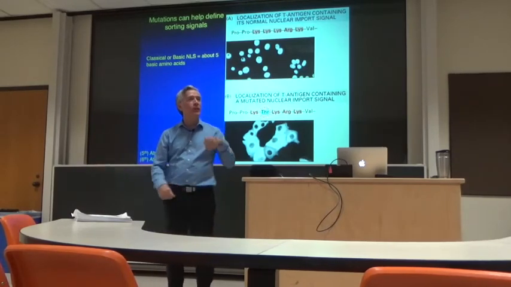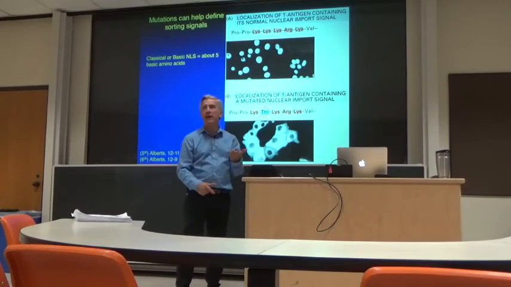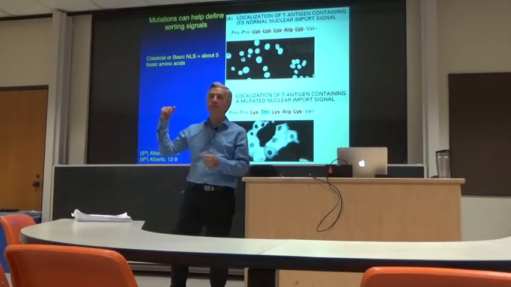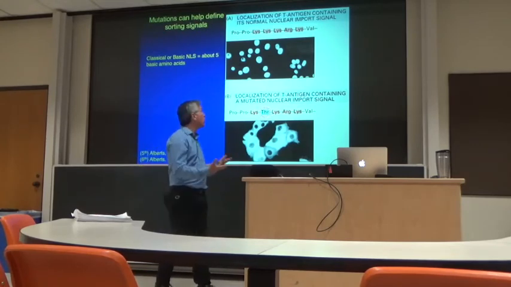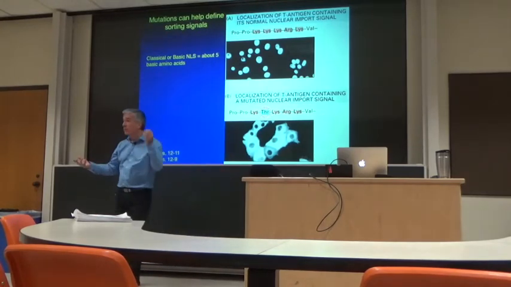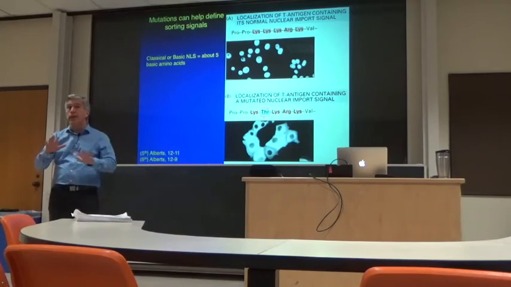If you want to go into a clathrin-coated pit by endocytosis, you have to have a tyrosine signal. So to go into the nucleus, we have to have a signal. There's a variety of signals that have been discovered.